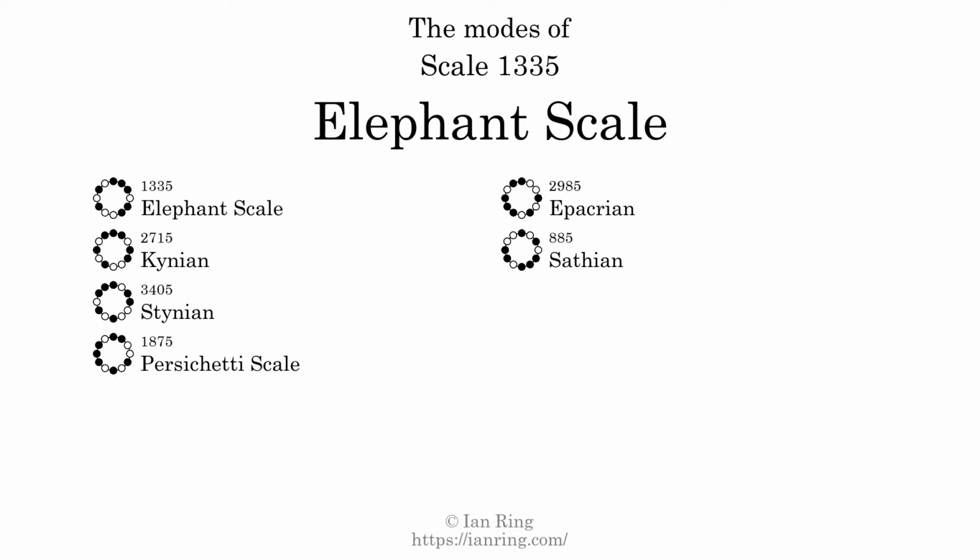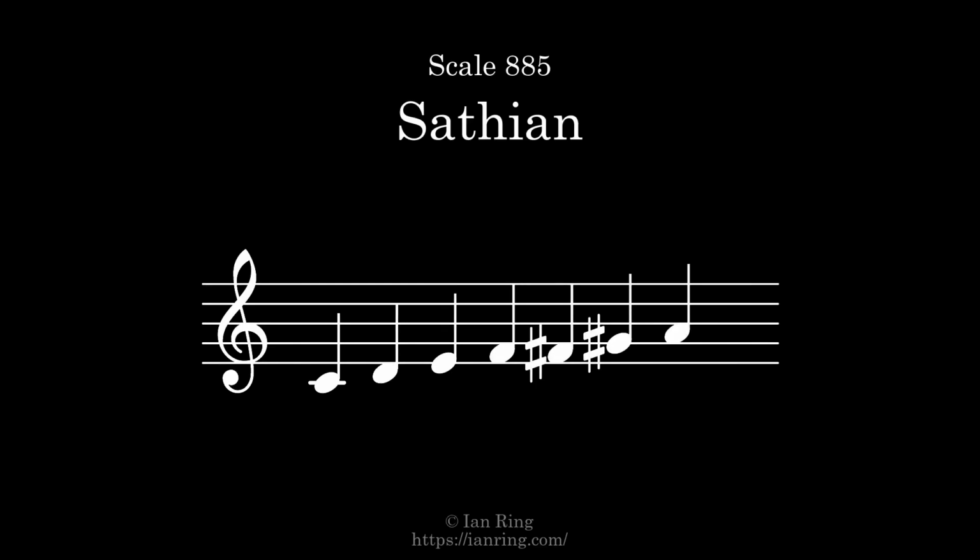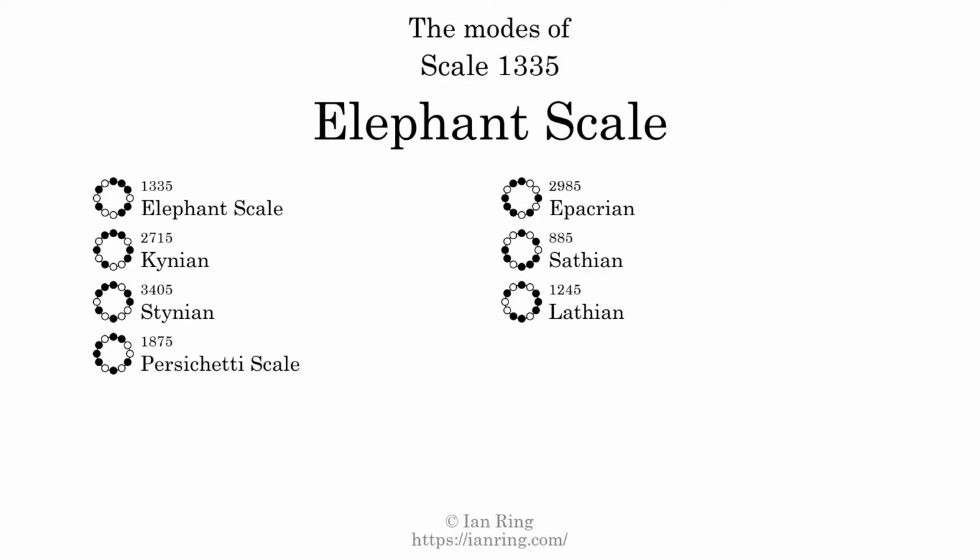The sixth mode is scale 885, also known as Sathian. It sounds like this. The seventh and last mode is scale 1245, also known as Lathian. It sounds like this.